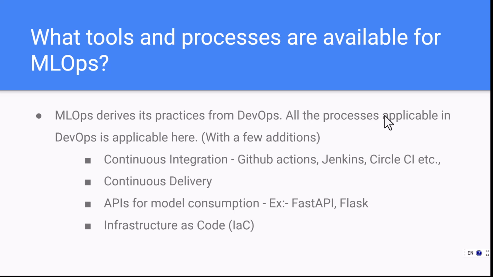For these, you have some tools like FastAPI, Flask. If you are using a tool called MLflow, you have an inbuilt serving mechanism where an endpoint is created with just a command run like that.